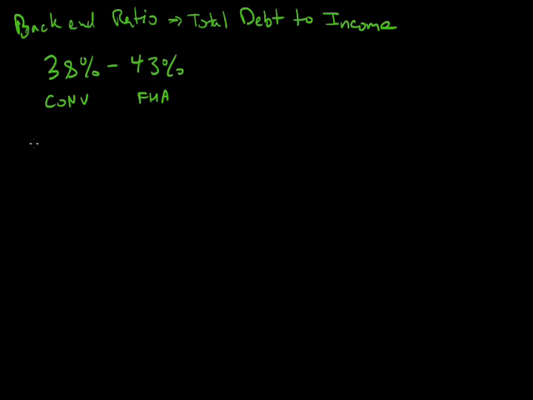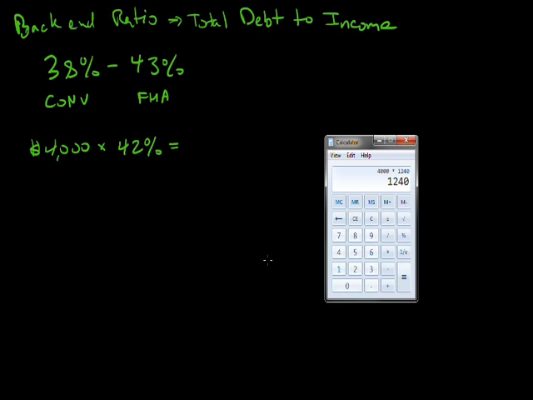So again, let's go back to that example. You have $4,000, and now we multiply it by 42%. I'm just picking this number arbitrarily, but it's a common percentage used for qualifying.